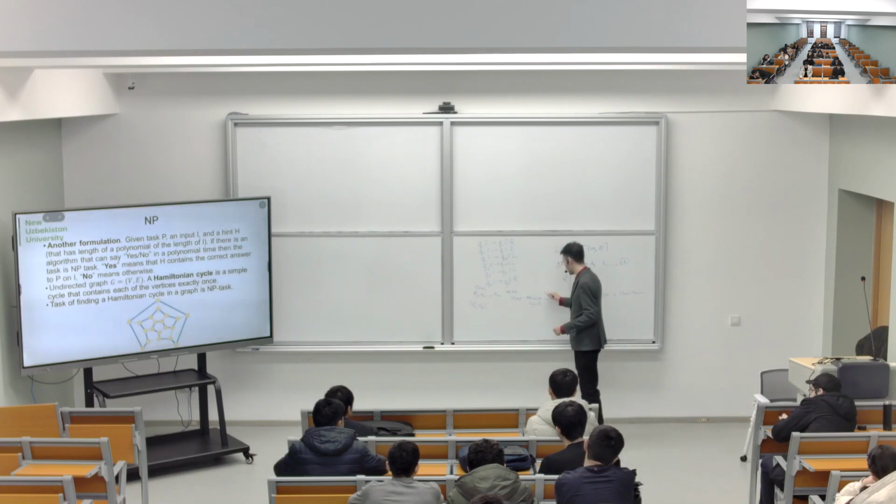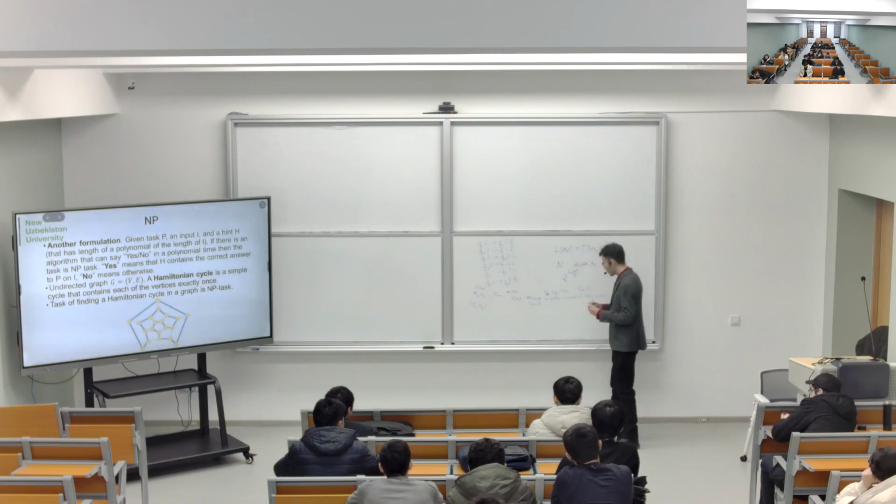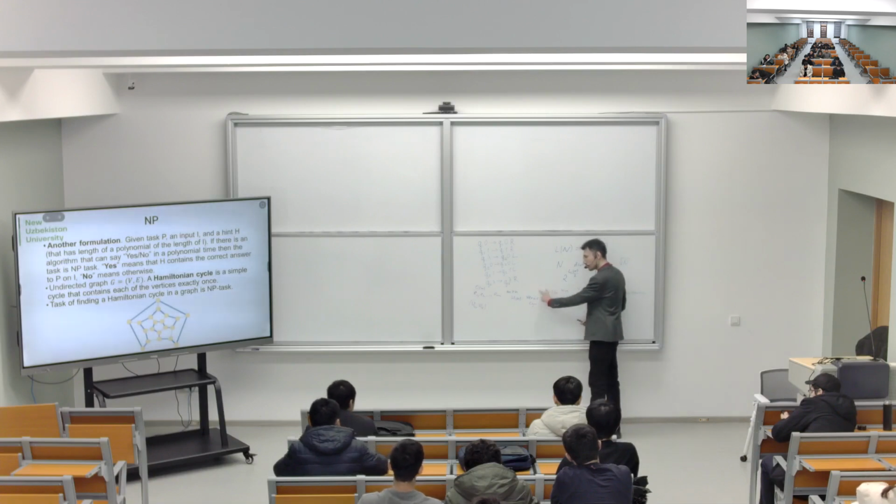So it is VG1, VG2, VG3, etc. VGn and VG1 again will be yes. So we will not write VG1. We know that it should go to VG1. Okay. So what I need to check is if this pair is an edge.